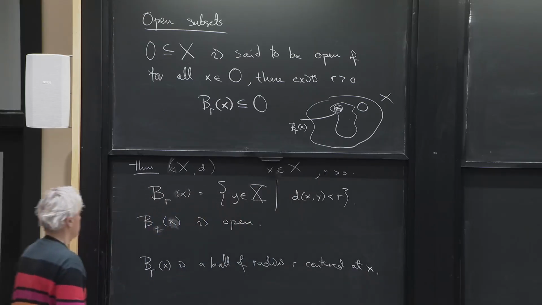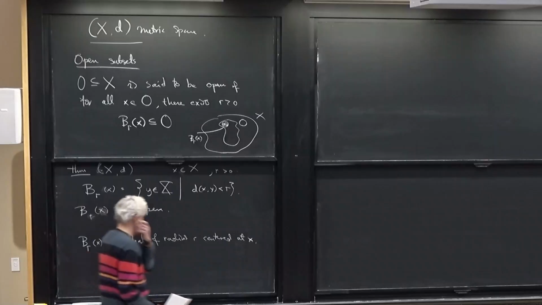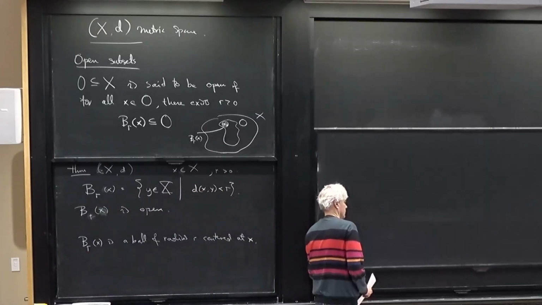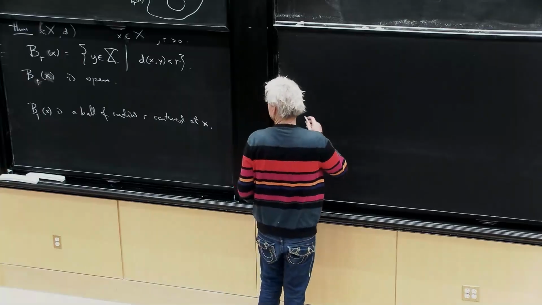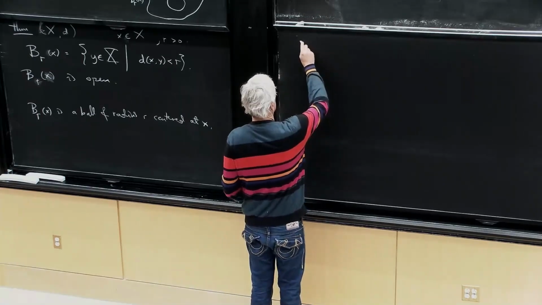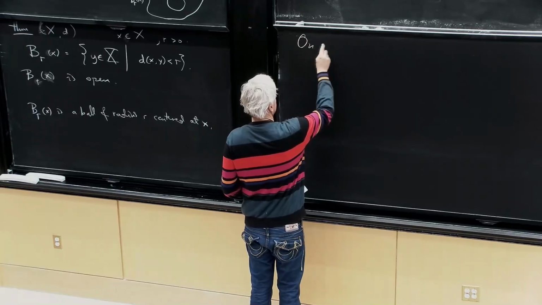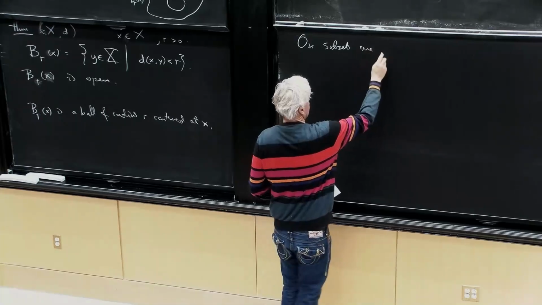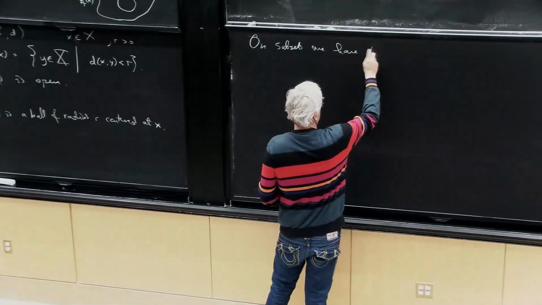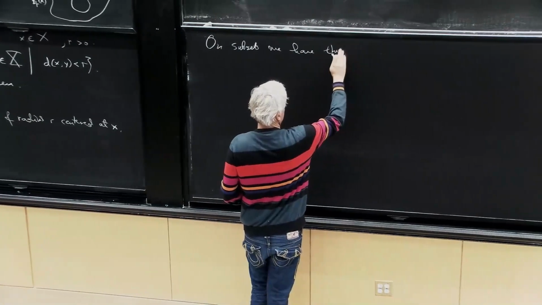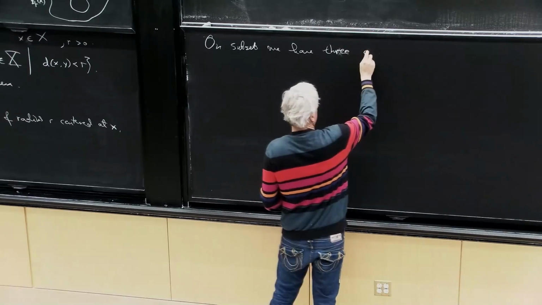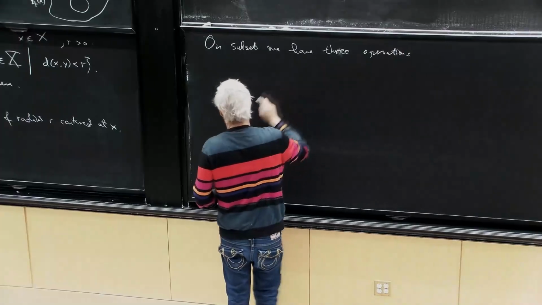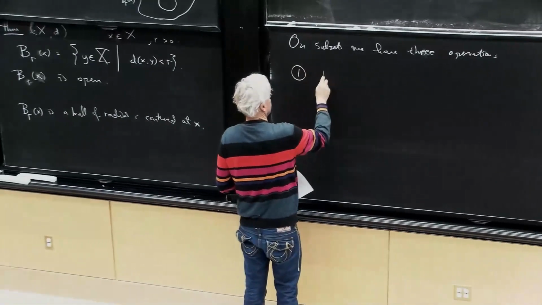Okay. Now, there are a few other things that we discussed. On subsets, we have three operations. One is intersection.